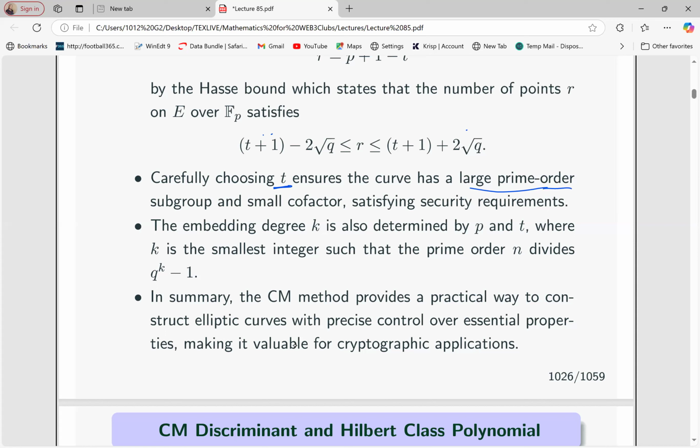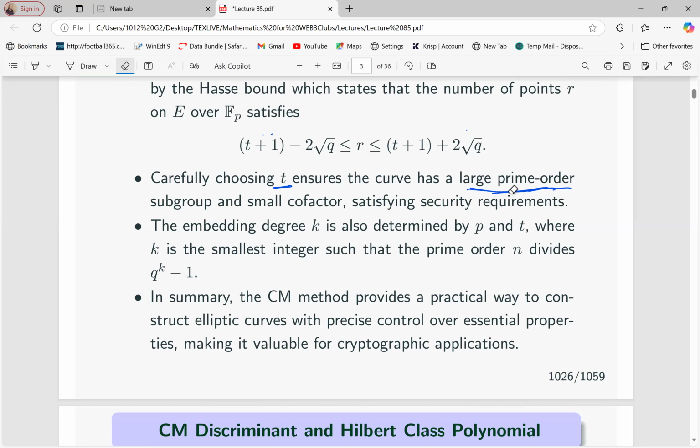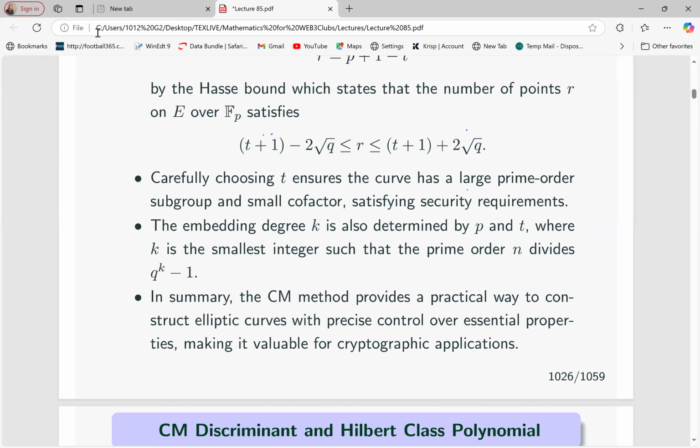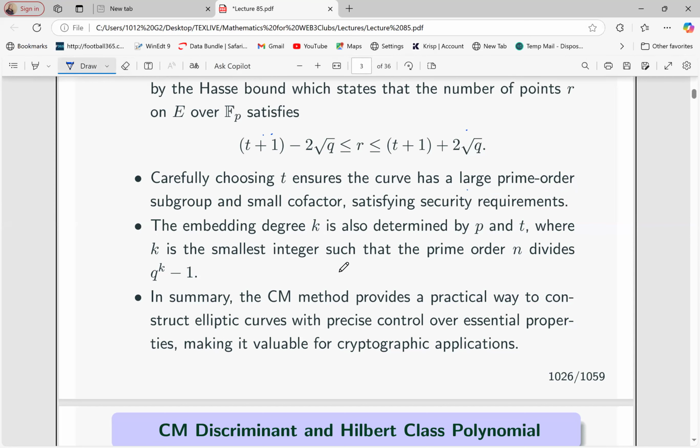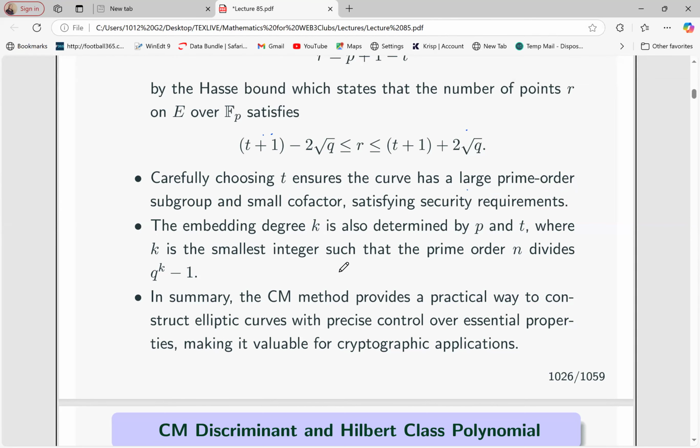In other words, the curve would have a large prime number of points. So T helps in that way. The other way that T helps is in the calculation of the embedding degree. And in our previous lessons, we've seen how the embedding degree is very necessary. So your choice of P and Q will also determine your embedding degree, and we defined what the embedding degree was.